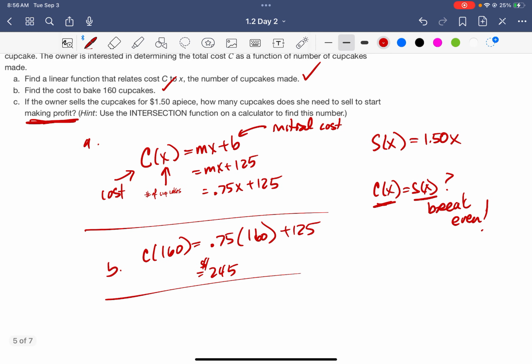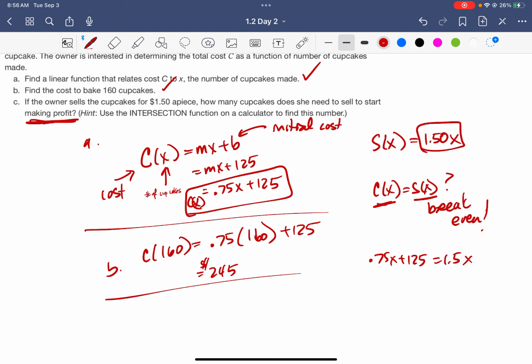So my cost function over here we said was 0.75x plus 125, and my selling function is $1.50 each. So I want to know when these are equal. Well, now I have to solve. If I subtract 0.75x, I'm going to get 0.75x is equal to 125.